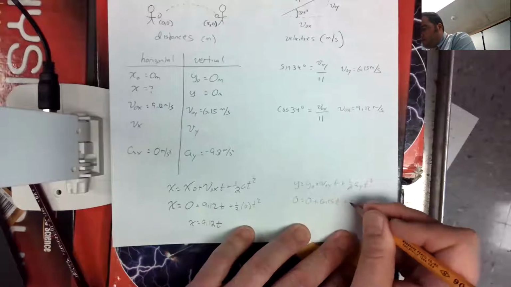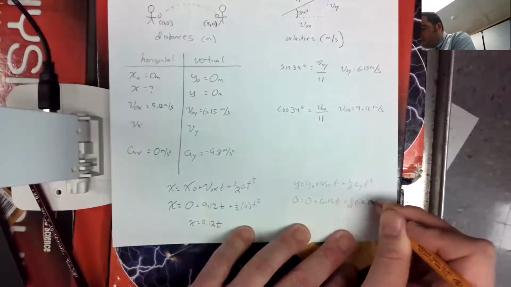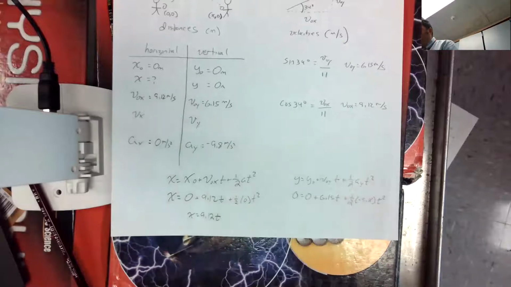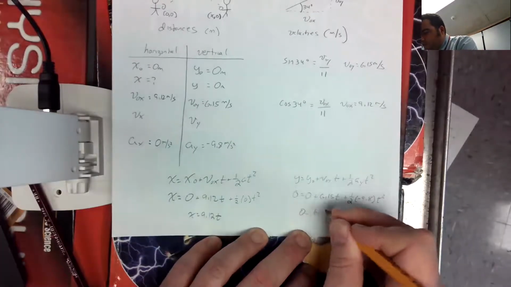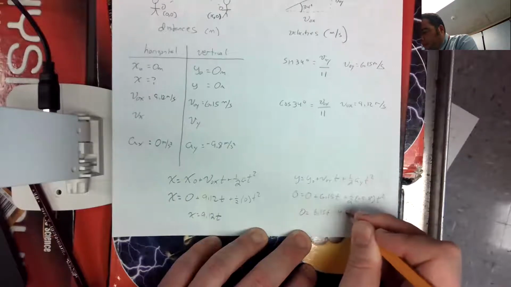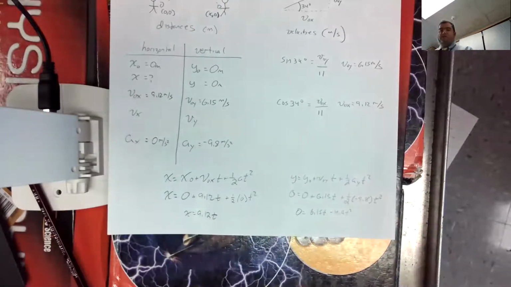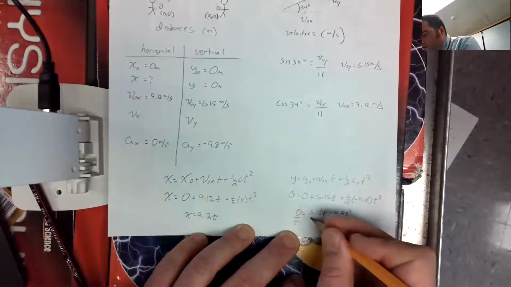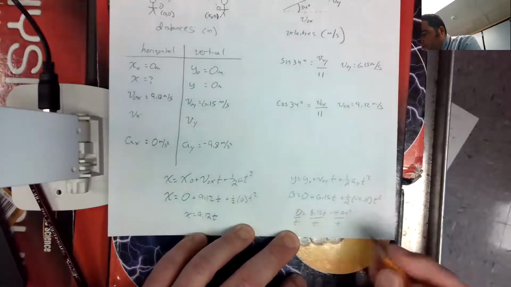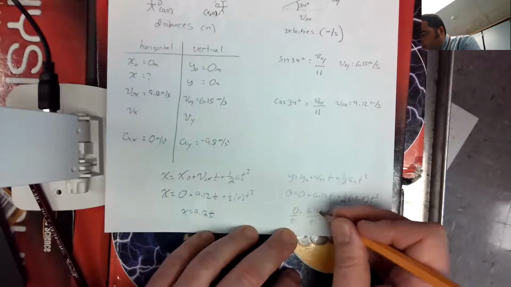And were either of them not 0, we would in fact have to use the quadratic equation. But since they're both 0, the equation simplifies to this. And since there's a t in every term, or the term is 0, we can just divide through by t. And we get a lot of canceling, which is sweet.